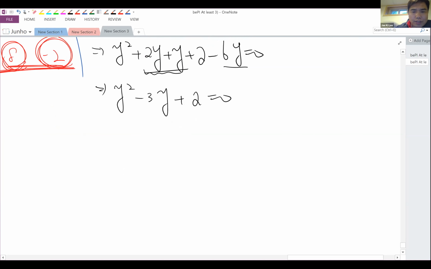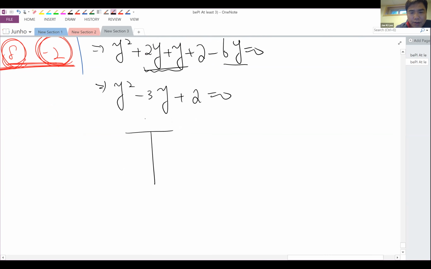So now let's do factoring. Multiply to 2, sum becomes negative 3. What are two numbers? 2 and 1, right? 2 and 1. So both are negative here.